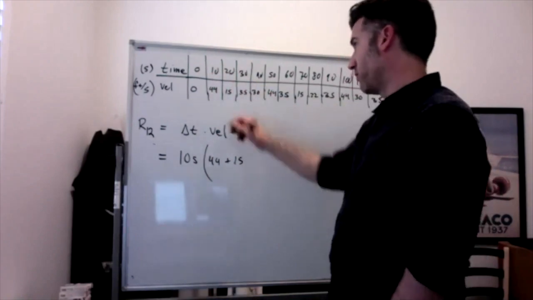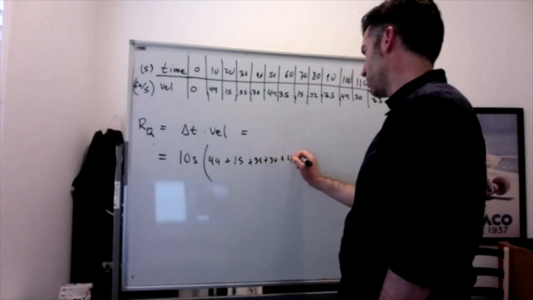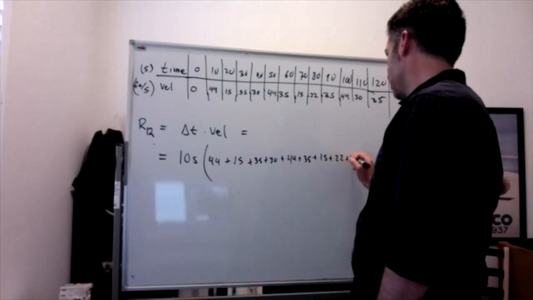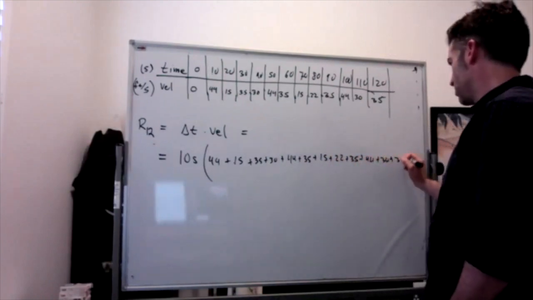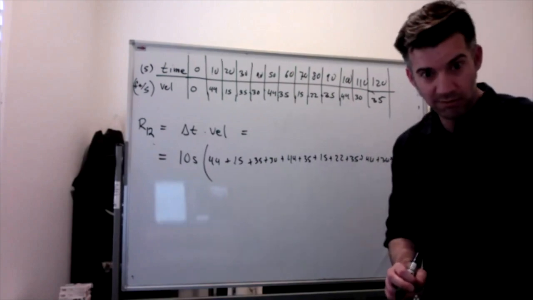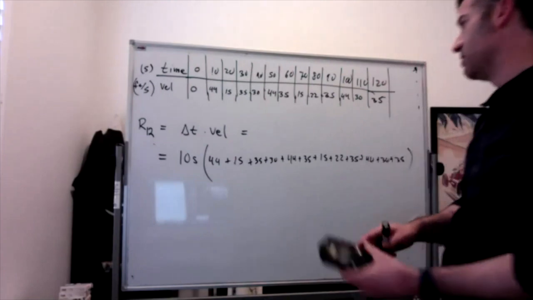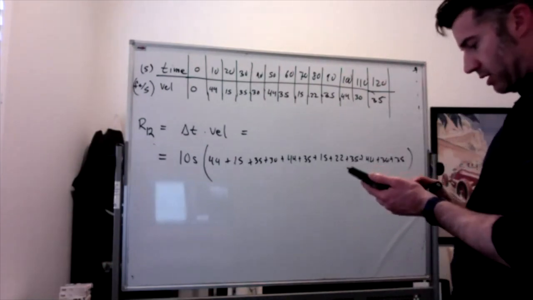So it's going to be 44 plus 15 plus 35. It's a little bit terrible, but it's not that hard to calculate.